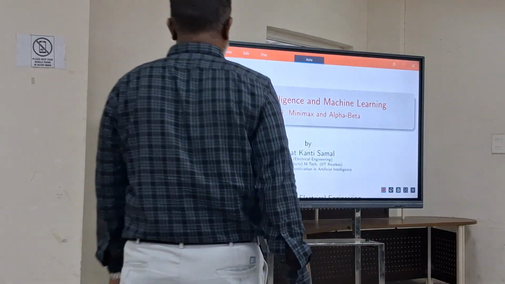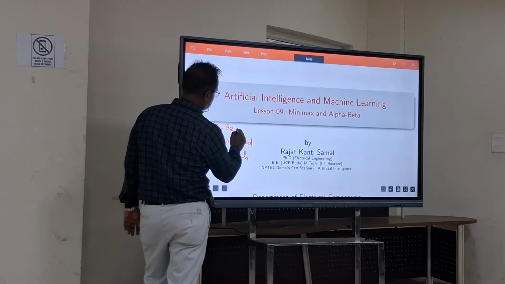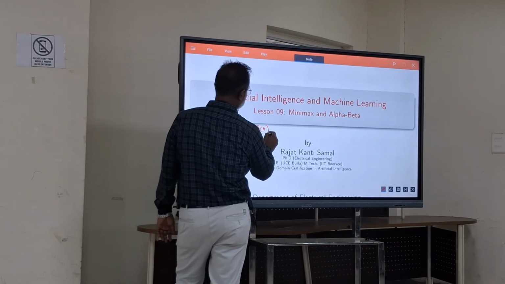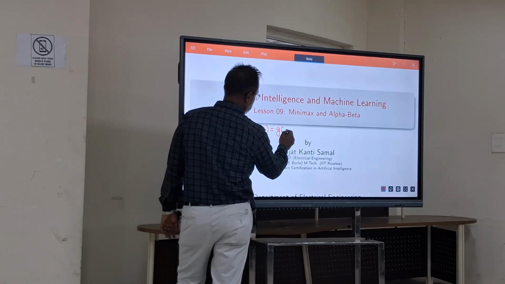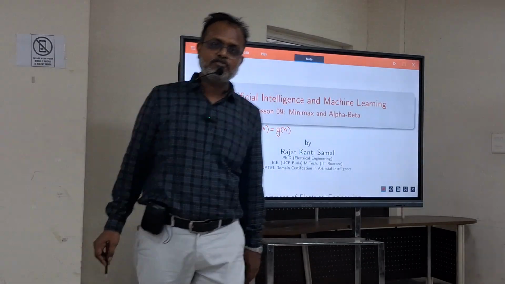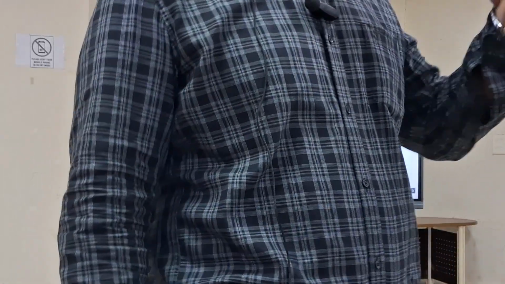Now in informed search we started with best first search, where the heuristic cost is simply Gn or Hn, whatever the node, the cost associated with the node, or the estimated cost from the goal.